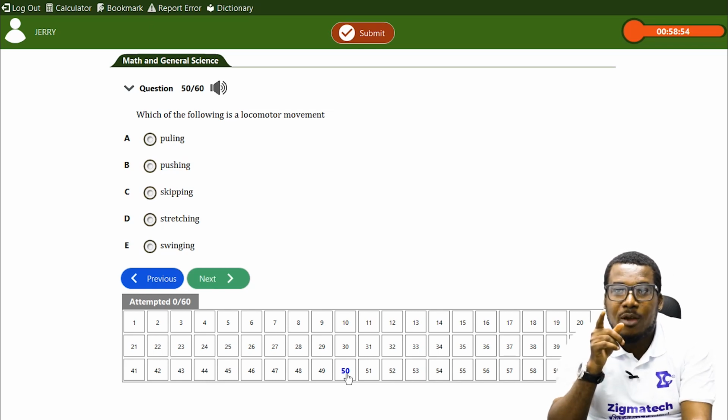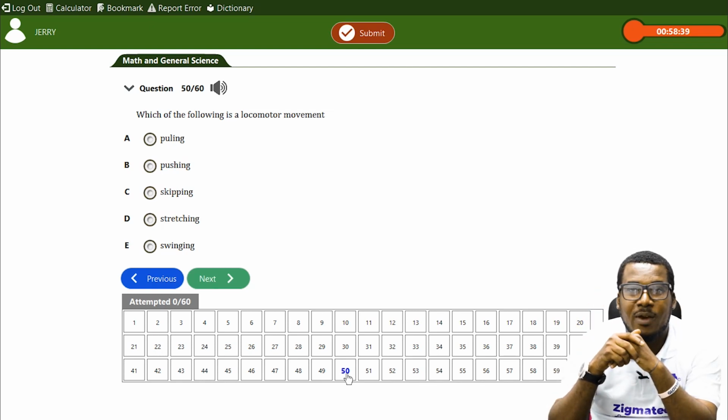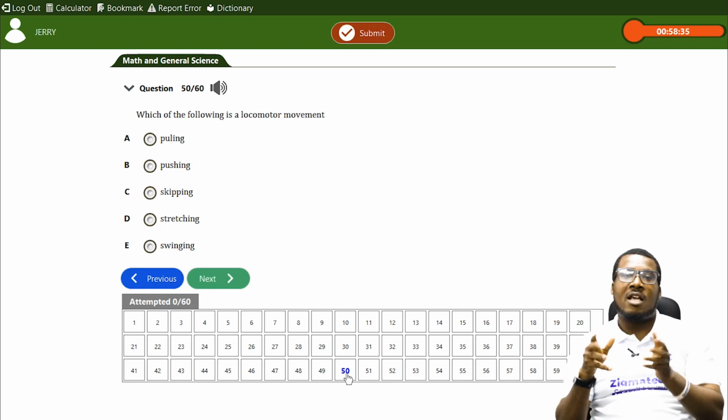Now they're asking us between A, pulling, B, pushing, C, skipping, D, stretching, and E, swinging, which of these is a locomotor movement? Let me take my time to break down each of them, then answer the question.